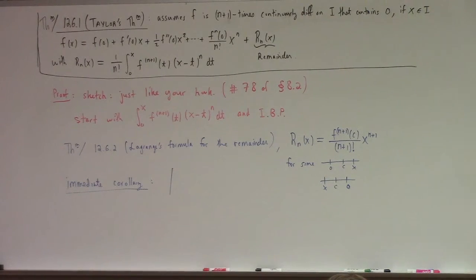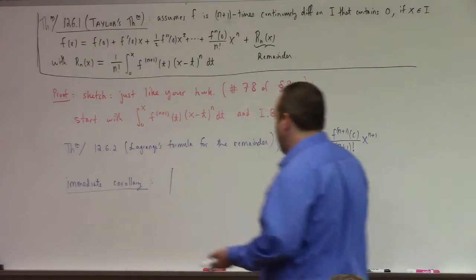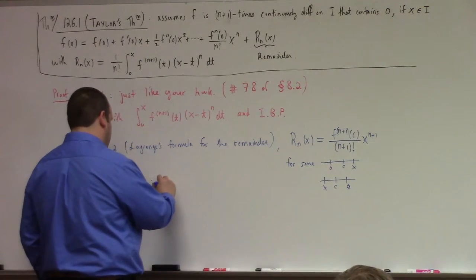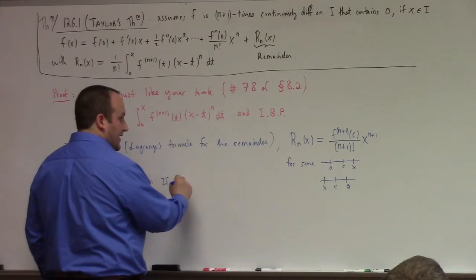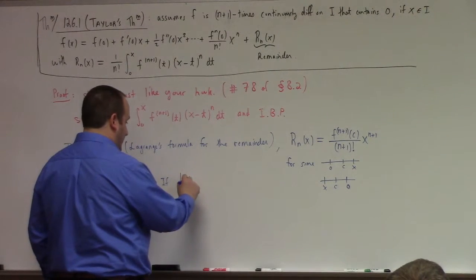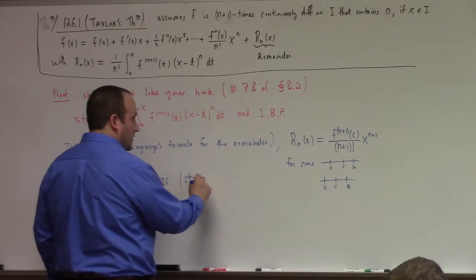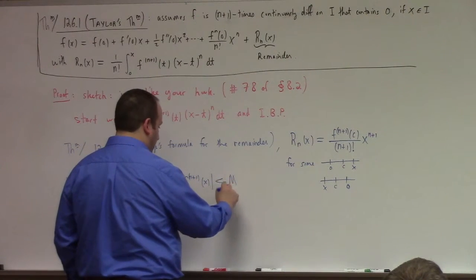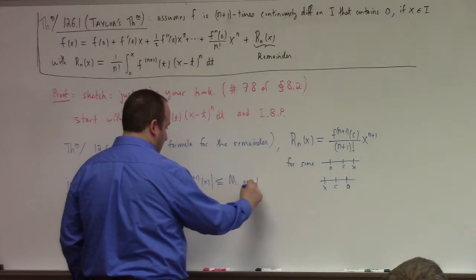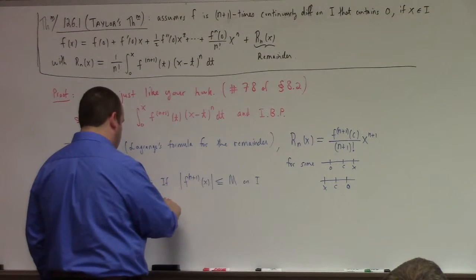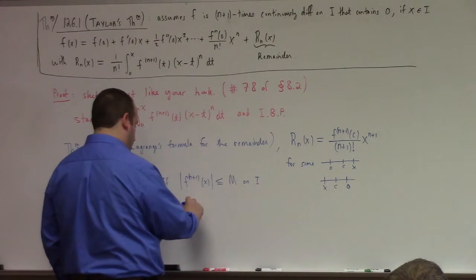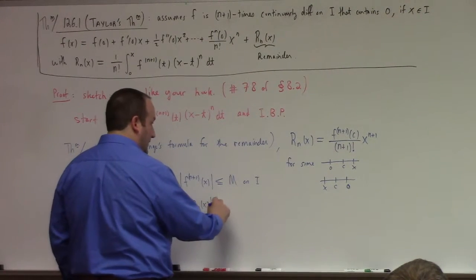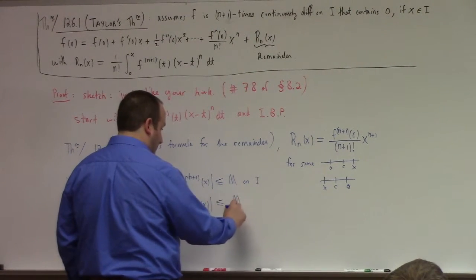And that's the result that you actually use to do the estimation error problems in 12.6, right? So if we have that the n plus 1th derivative of x is less than or equal to m on the interval under consideration, then the absolute value of R of n of x is less than or equal to m.